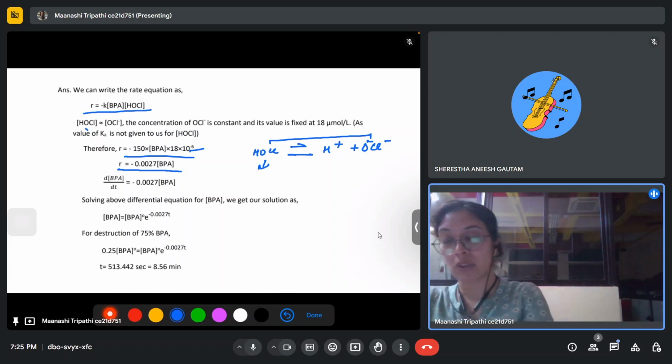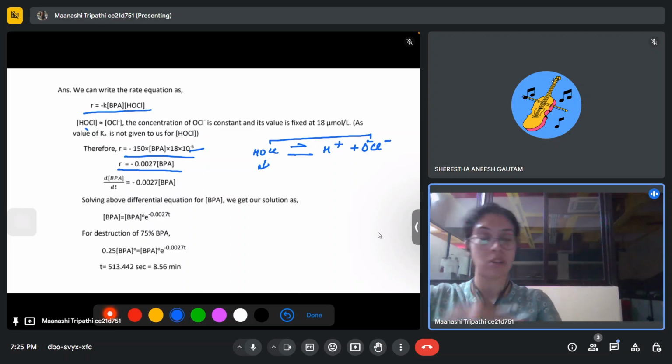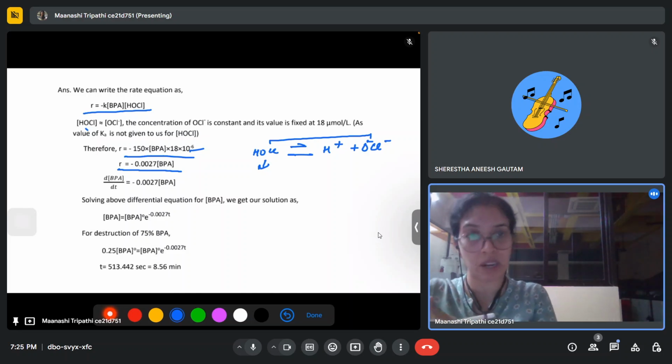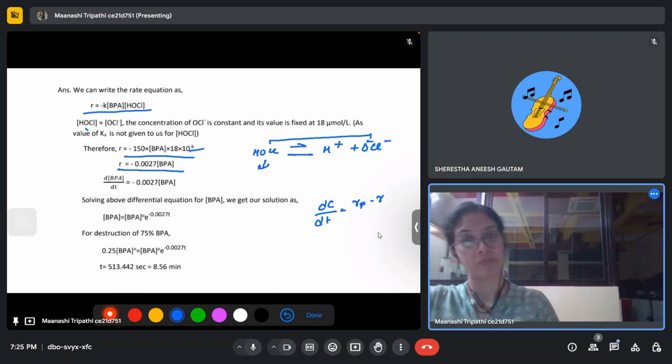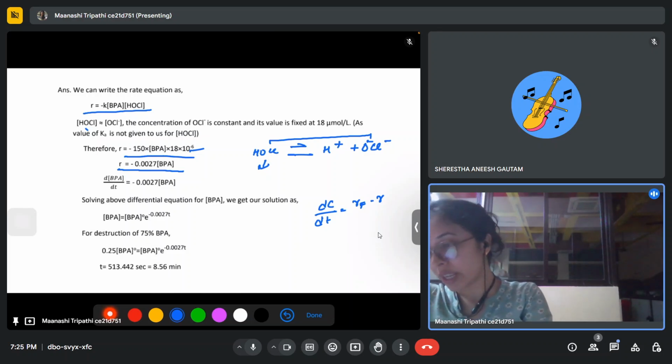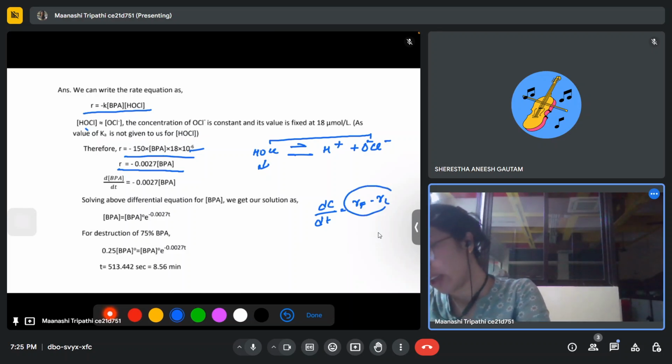remember the equation for batch reactor, because all these things are happening in a batch reactor, right? So what was the equation? dC by dt is equal to rate of formation minus rate of loss. This rate is given as R is equal to minus K BPA HOCl.